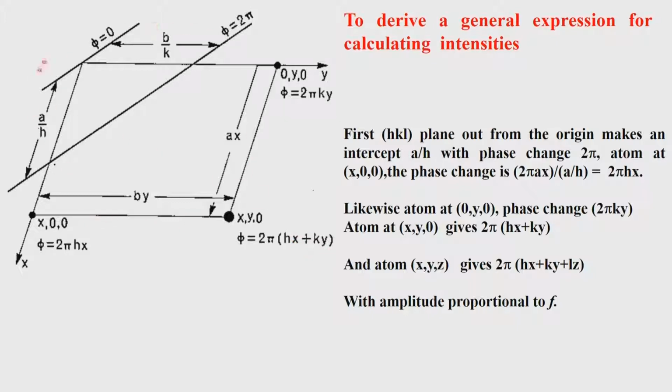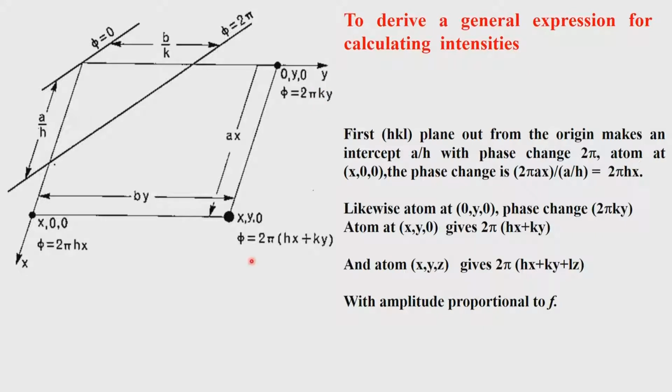So, this diagram therefore is a general picture of any crystal structure which will have this kind of disposition. We have considered the positions of 3 different atoms corresponding to their contributions to this particular plane, and the phase changes have been calculated.